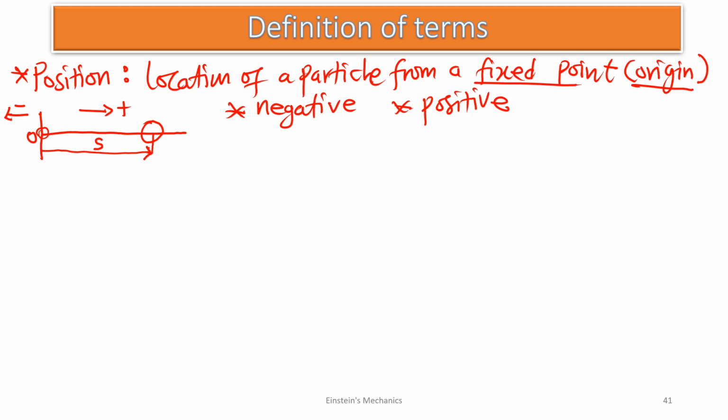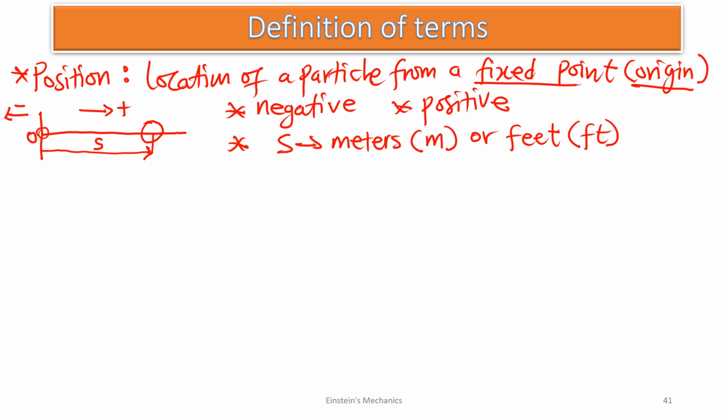One thing that we have to also know is that this position that we are representing by x is measured in meters, where we have our m, or it is also measured in feet, where we are going to have our ft. Are we good? So this is the explanation on position of a particle. The reference is from the origin to wherever it is being located.